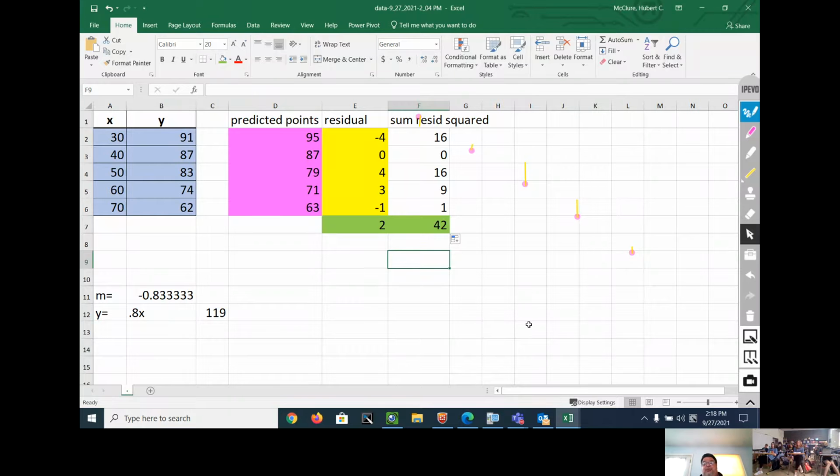Now that's how you do it, and you have to do it kind of by hand and with the calculator because it's hard to do the 2 points with the Excel spreadsheet. Any questions so far?